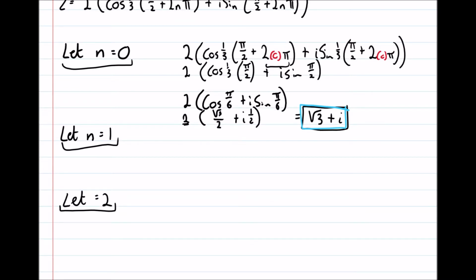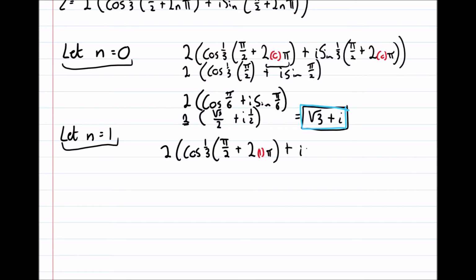The next one, I put in 1 for n. So we'll start again, just give myself some more room. So we have 2 cos 1/3 pi over 2 plus 2, and then we put in 1 for n, pi plus I sine a third pi over 2 plus 2, and again 1 for n.